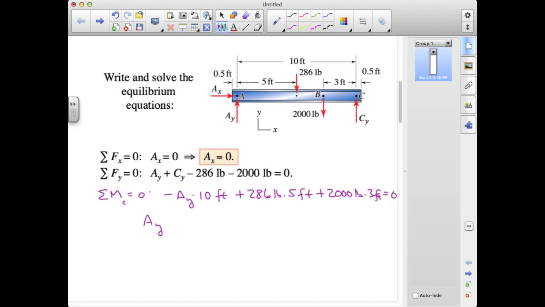We can rearrange this as AY is equal to 6,000 plus 1,430 foot-pounds divided by 10 feet, which again gives us 743 pounds. We could then substitute this back into the vertical force equilibrium equation to give us CY equals 1,543 pounds. Note that taking moments about a different point changed the details of the procedures, but ultimately produced identical results.